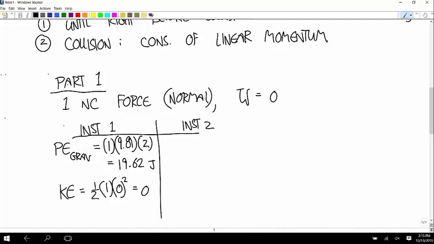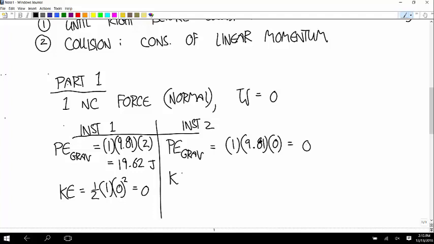And then right before the collision, the gravitational potential energy is 1 kilogram times 9.81 times the height. What's the height? 0, because now it's down on the flat. So 0 gravitational potential energy.